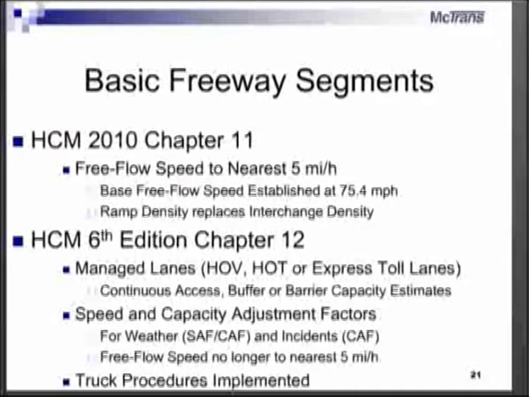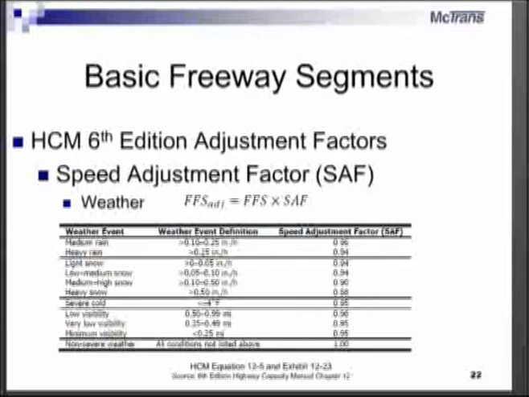You'll see a speed adjustment factor and a capacity adjustment factor for weather. The speed and capacity adjustment factors for driver population instead of adjusting the volume. And a capacity adjustment factor for incidents, and also the ability to calibrate for local conditions. So nice tools for the analysts if they want to model these areas. And these new truck procedures that I mentioned before are also implemented in the 6th edition.